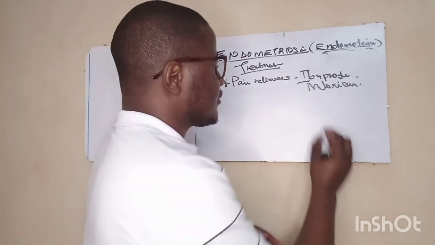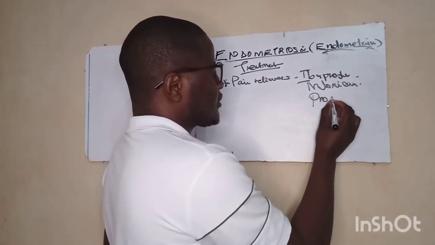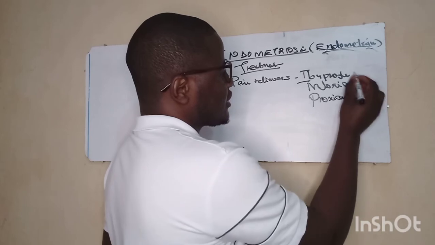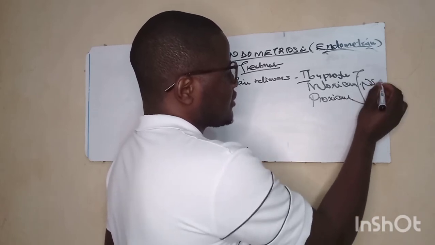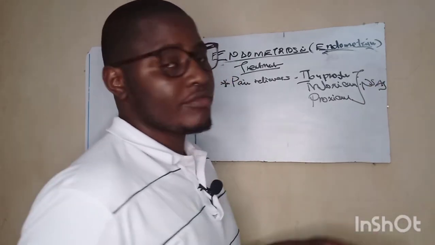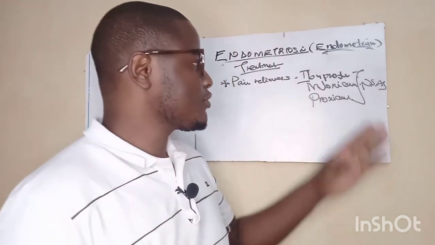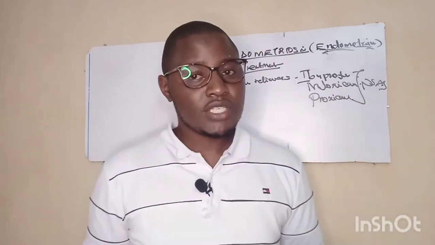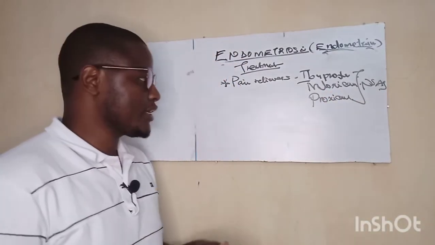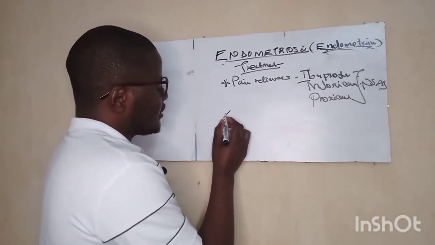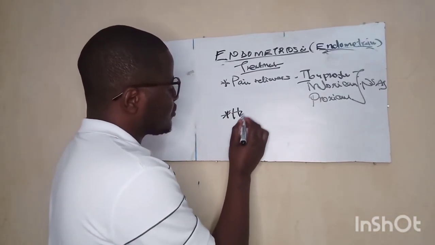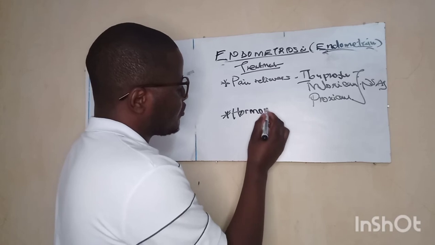We can even give medications like piroxicam. In most cases, we give the NSAIDs, or the non-steroidal anti-inflammatory drugs. These are the most common drugs that we give in this case to relieve the pain. So another treatment, we can decide to treat you with hormonal therapy.